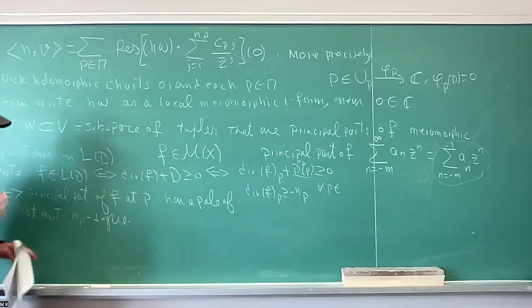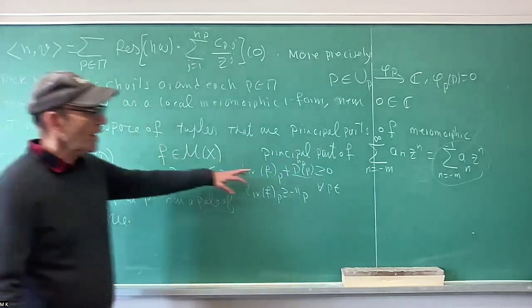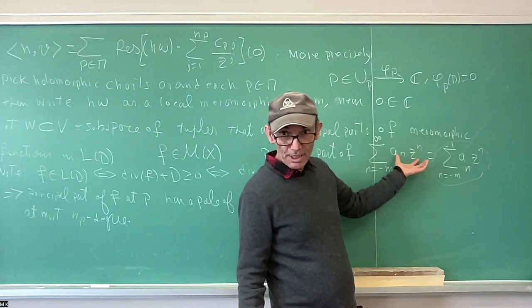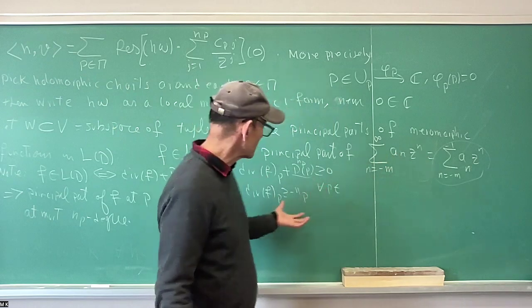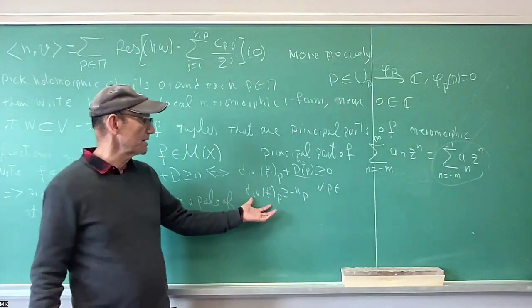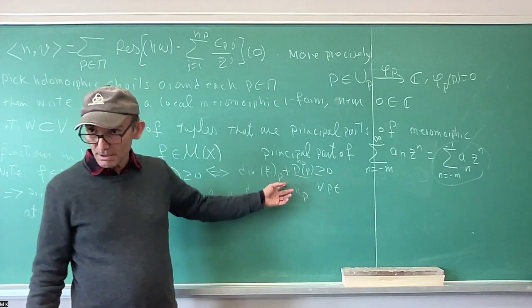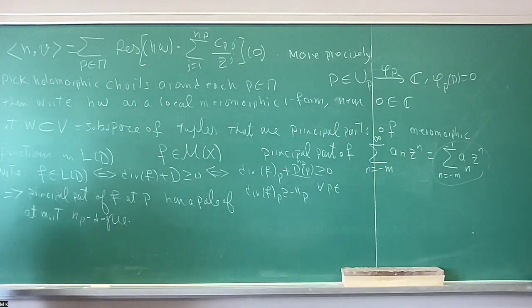The sentence is a bit grammatically problematic, but when you write the power series expansion of f at that point, you don't go below n_p in negative powers, because this divisor means that the order of f at p is controlled by n_p. That's the control, right?